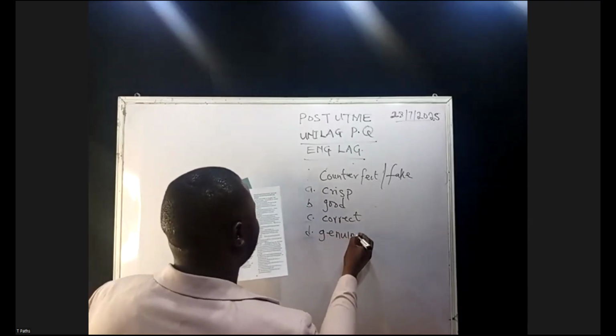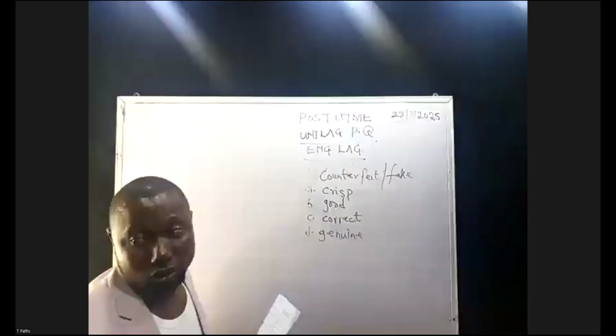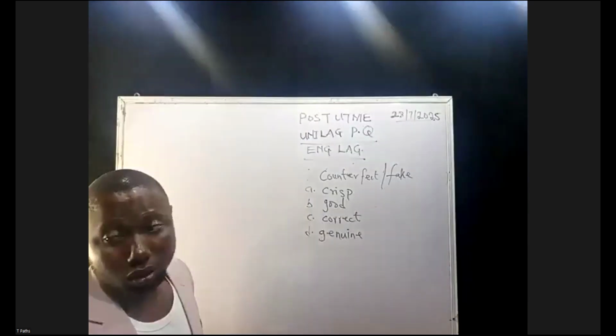So what's the answer? Genuine. D. Correct. Yes, D is the answer. You're right. Fake. So we have genuine. All right.